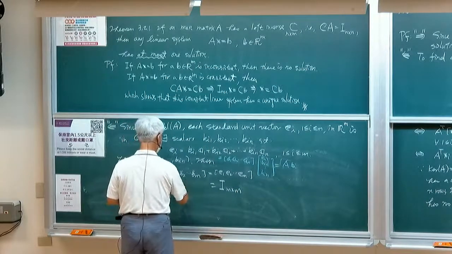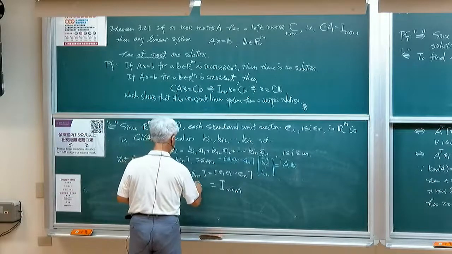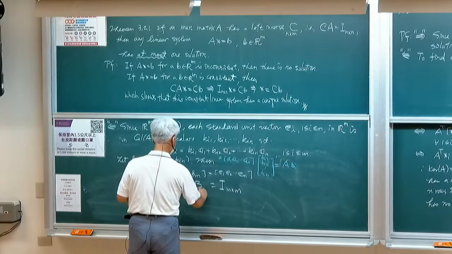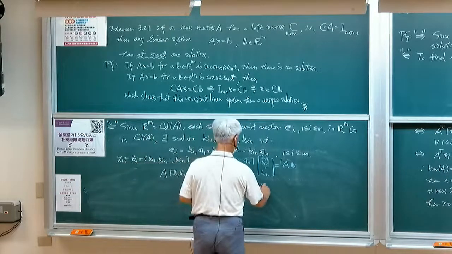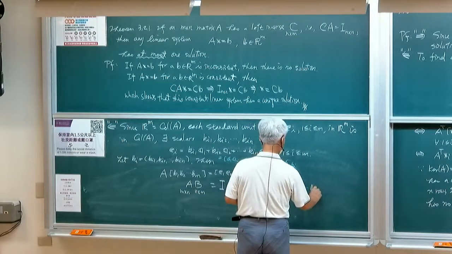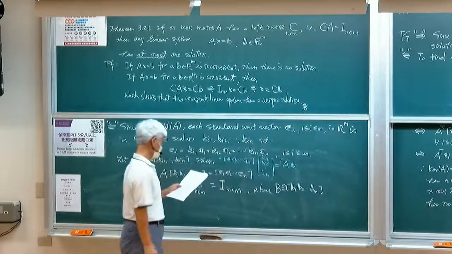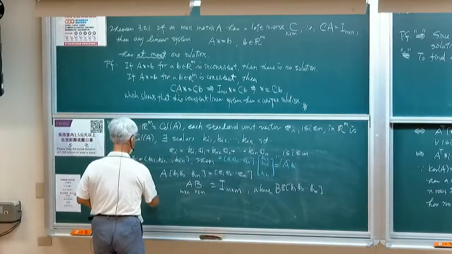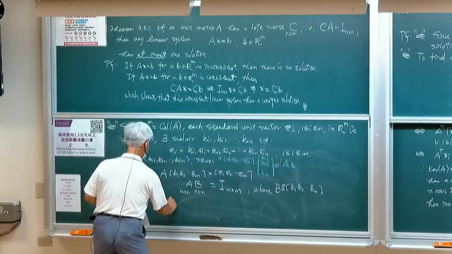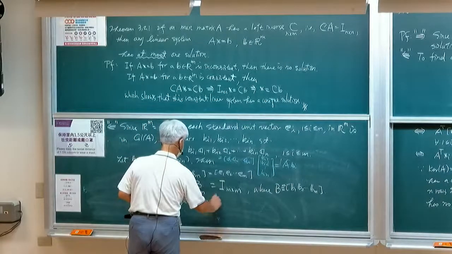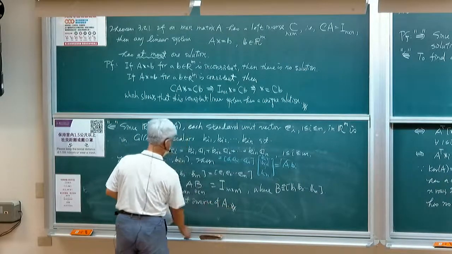And so this is AB, and A is m times n, and B is n times m, where B is defined to be b1, b2 up to bm. So now we construct a matrix B. So B is a right inverse of A, and we have done.